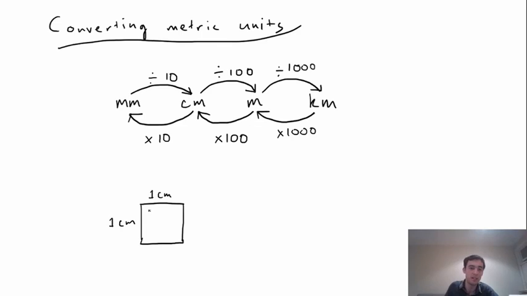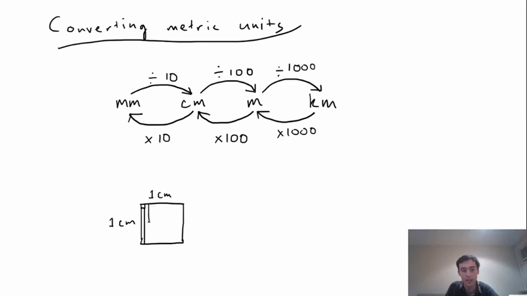Some people will say, let's go from centimeters to millimeters, so we times by 10, and there must be 10 millimeters squared inside of here. Others will think, if I have 1 millimeter squared, it's around this big. That's very small. There's a lot more than 10 of them in here. And the second group of people would be right.